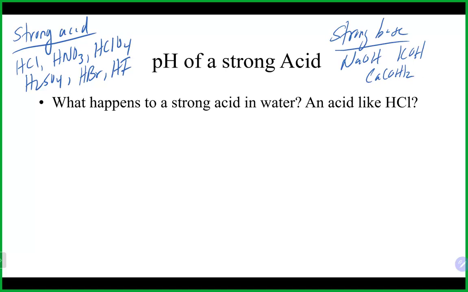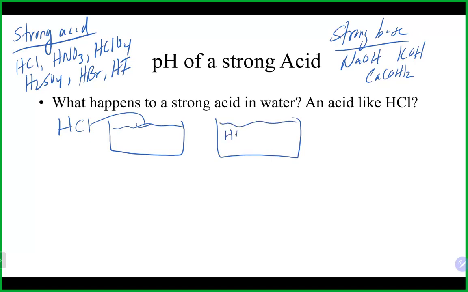So what these both have in common is, as we talked about, they are strong electrolytes, which means they're going to 100% break apart in solution. So when we have an acid like hydrochloric acid, we know that when that goes for a swim, if you will, it will completely dissociate in that solution into H plus and Cl minus. So when we're thinking about the pH, the important one is actually the H plus concentration, as that is what affects the pH. pH is equal to minus the log of the H plus concentration.